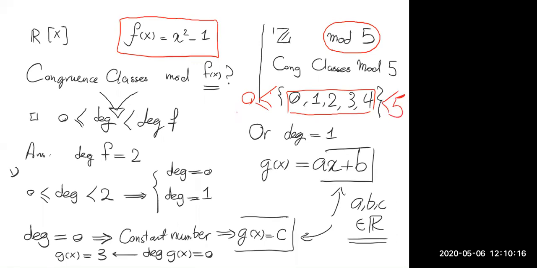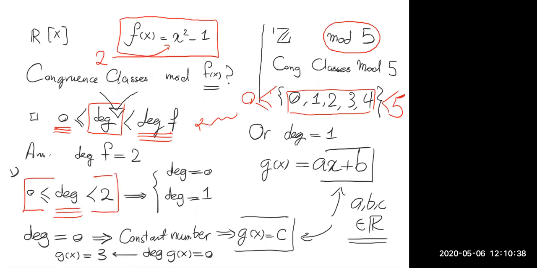Here, similarly, the congruence classes are classes of functions. We can take functions whose degree is greater or equal than 0 and less than the degree of f. And here the degree of f is 2. So we should look at the polynomials whose degree is greater or equal than 0 and less than 2. So either the degree is 0 or the degree is 1.